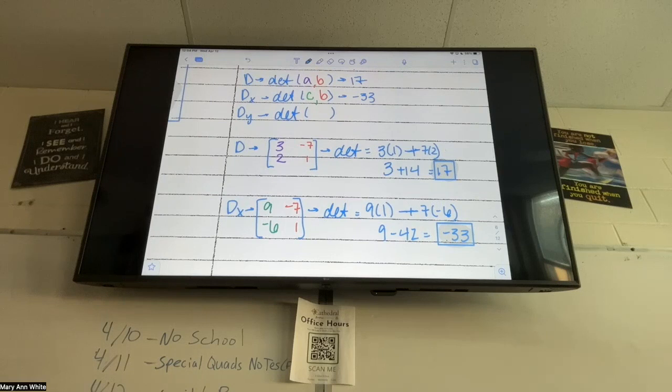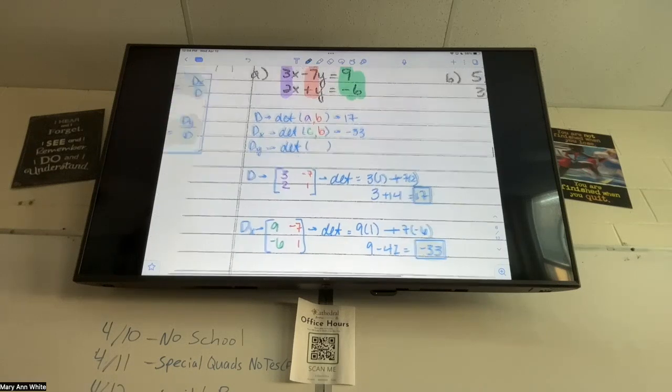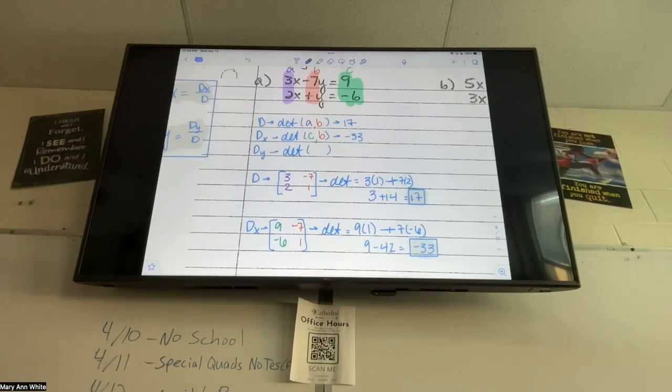All right, last one we're going to do is Dy. I don't want to include the y's, so I'm not including B. I am going to have A go first, because if A is there, it's always first, and then C is going to replace B, so C is going to go second. So now I'm going to do the determinant of the columns A and C. Is everybody okay with that so far?